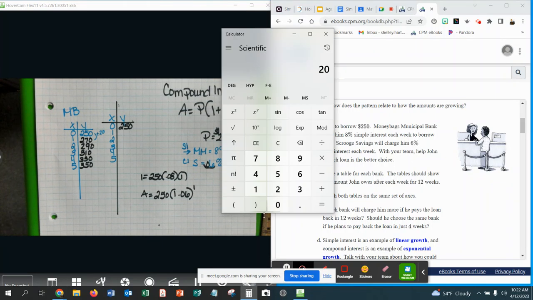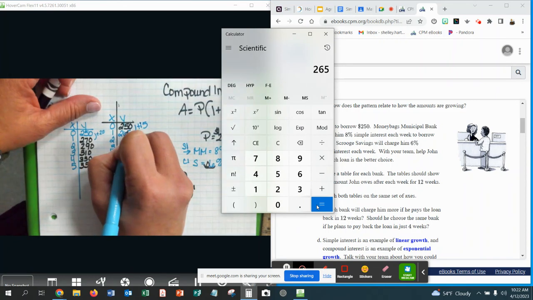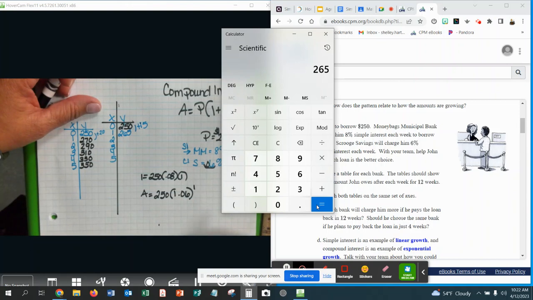Okay. So our first one is going to be 250 times 1.06, special button, 1 equals 265. So the first week is plus $15, so 265 is our new total, right?